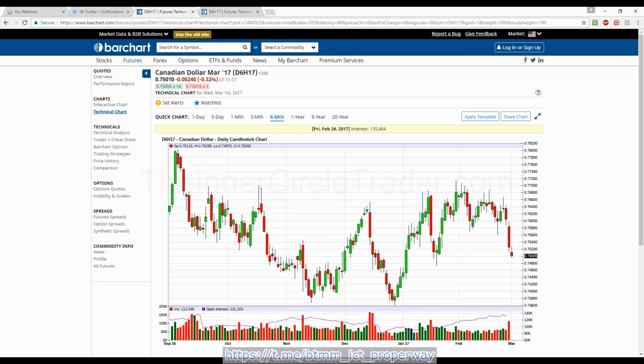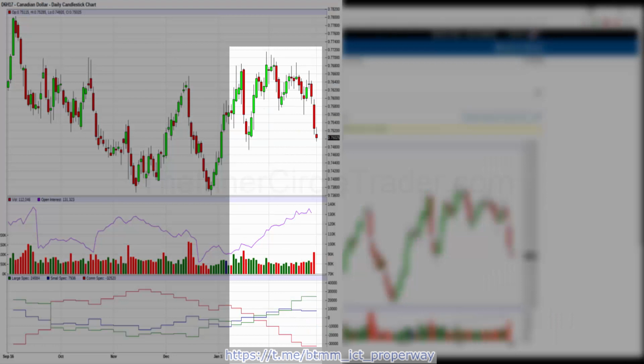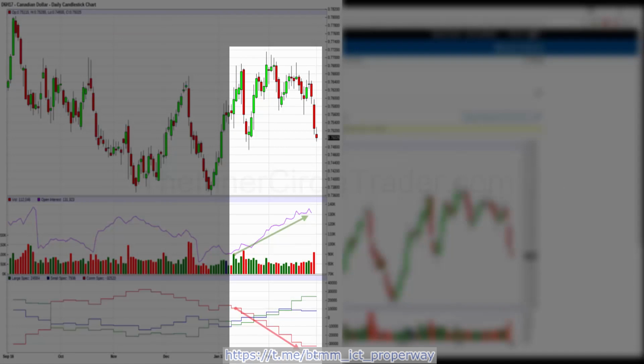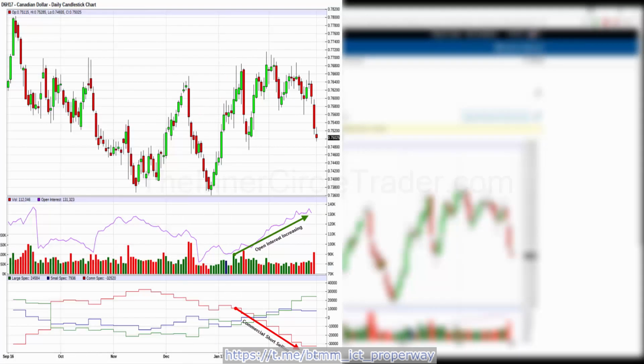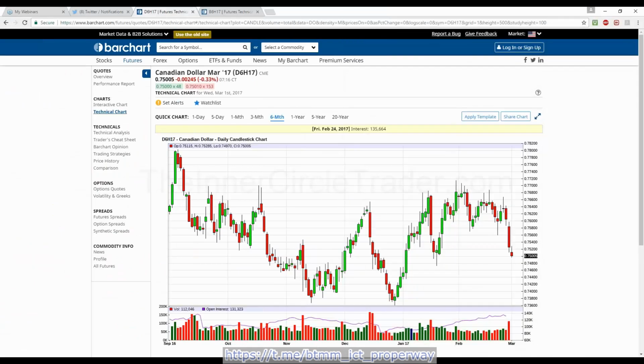So if open interest is increasing, that measures the commercials offering liquidity or selling it to the public. Now, if Canadian dollar is the commodity, who is the producer or the provider of that market? The Central Bank of Canada.